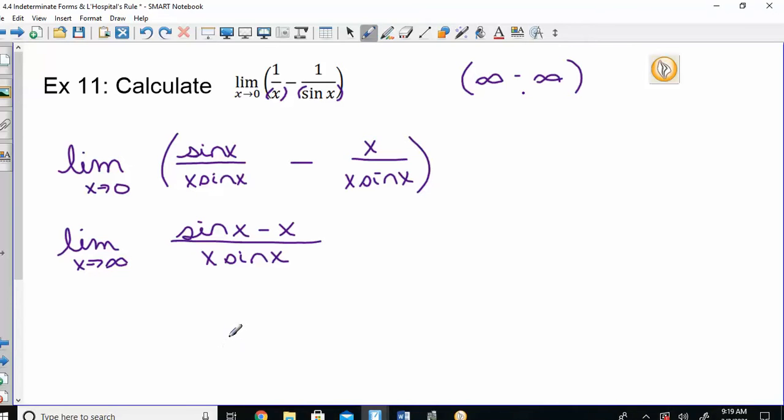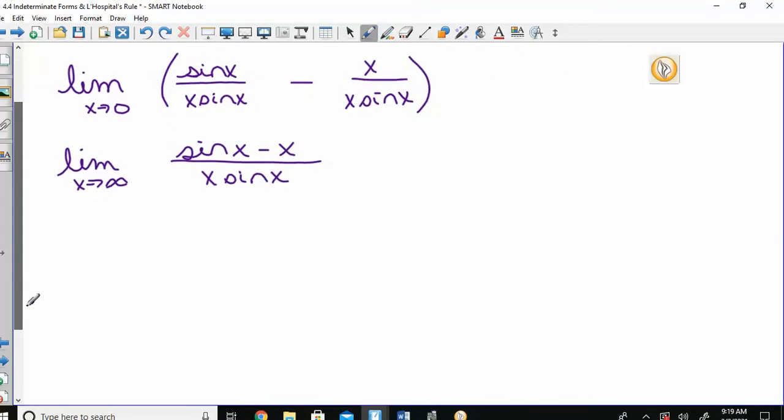Okay. This one, as far as looking at this and knowing what it's going to, it's very difficult because as x goes to infinity, does sine equal any one number? Oh, that helps a lot. Thank you.